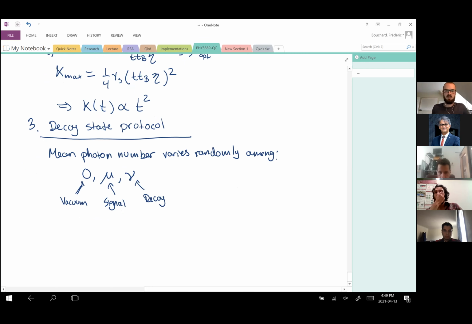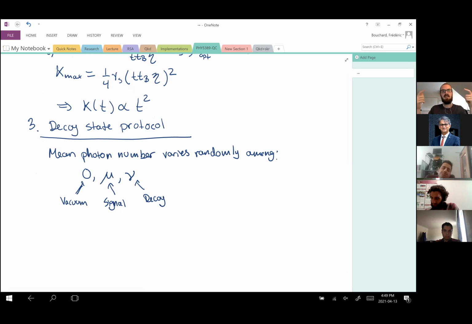So the way it works is Alice will randomly change the mean photon number, sending vacuum, sending signal mu, sending decoy. Then Bob will measure, as usual, the error rate, the probability of measuring a photon.